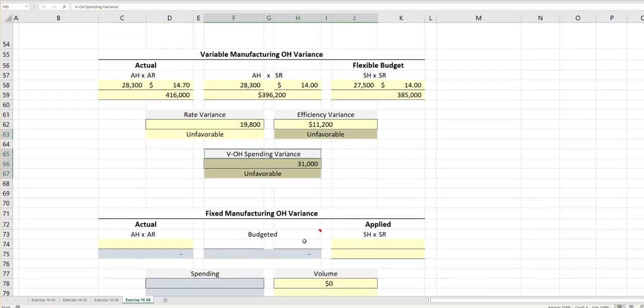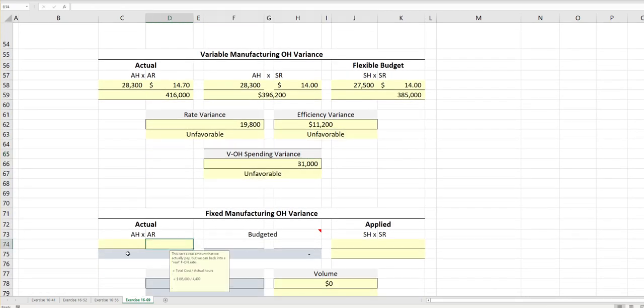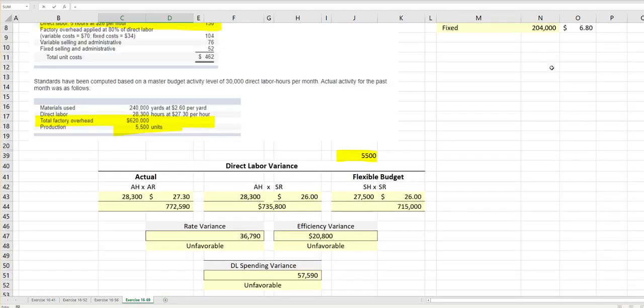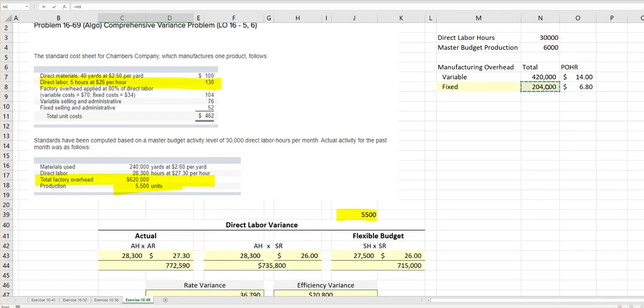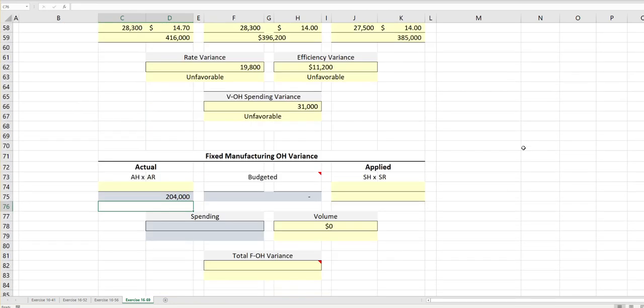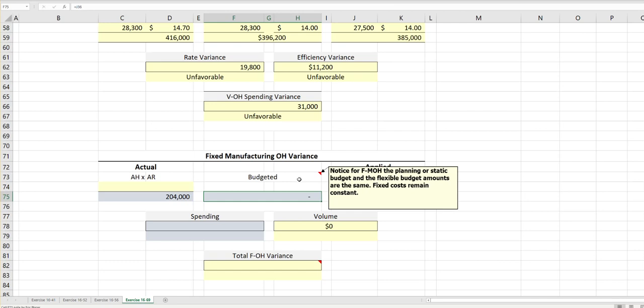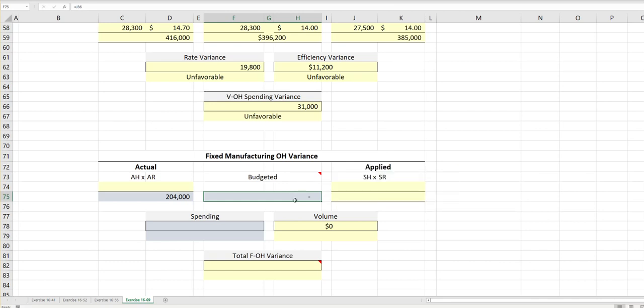All right, we're assuming our fixed manufacturing overhead equaled our budgeted amount because we had nothing else to go on. I don't know what they asked for this, but 204. Our budgeted amount, and keep in mind, fixed manufacturing overhead budget is the same for both our flexible and our static. We're going with the 204.